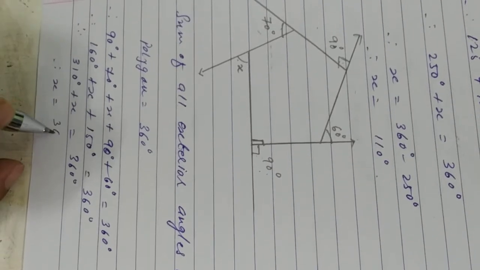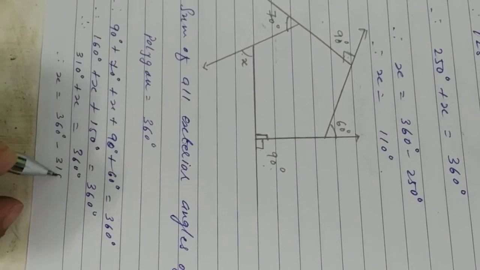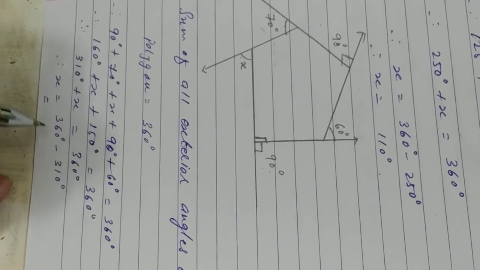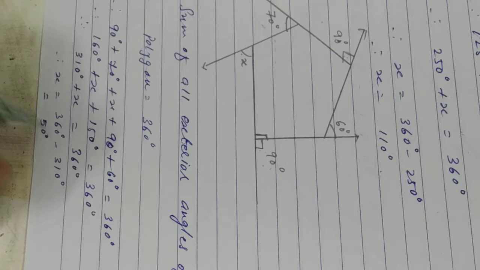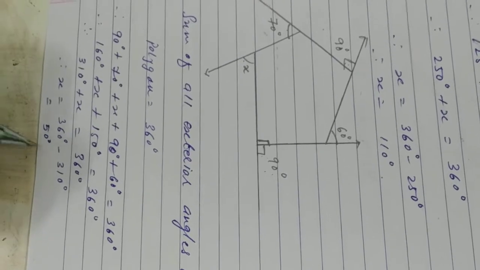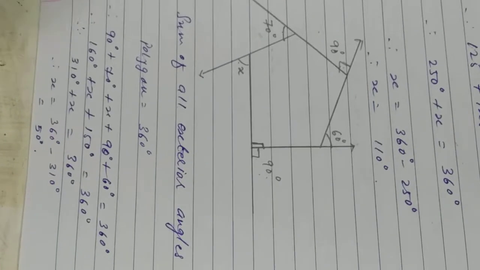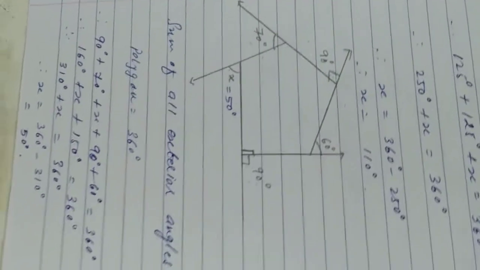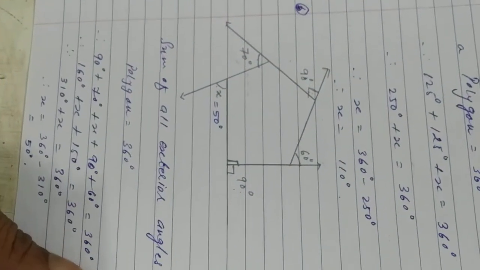Therefore, x is equal to 360 minus 310 degrees. So 360 minus 310, how many? 50 degrees. Got it? So what value did we get here? x is equal to 50 degrees. So all of you understood? Sure. Now let's go with example number 2.